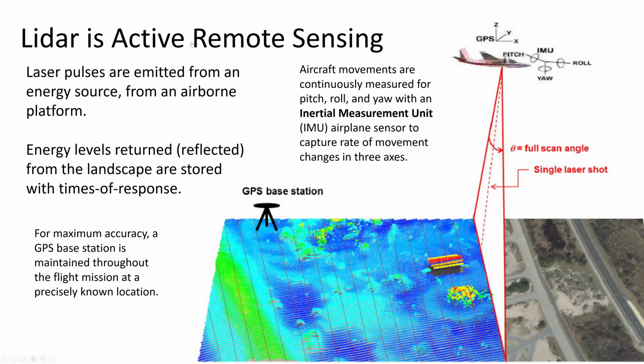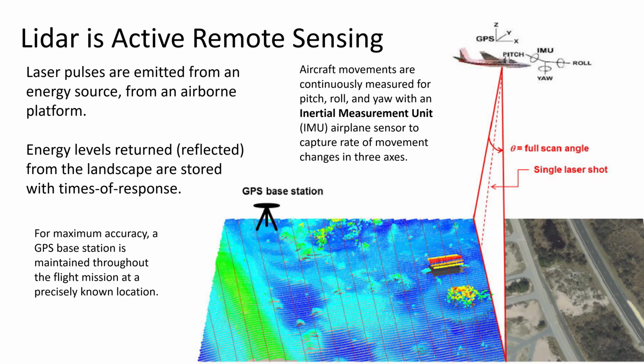Active remote sensing means that the platform, the aircraft here, is in motion. That adds some dimensions of complexity. The motion is, of course, forward, and if it's doing turns to the side and up and down motion, those are the three GPS dimensions of X, Y, and Z. But in addition, the aircraft is changing its orientation. The wind is blowing.